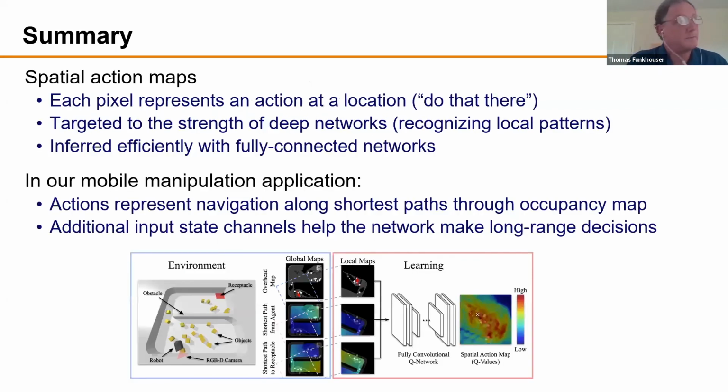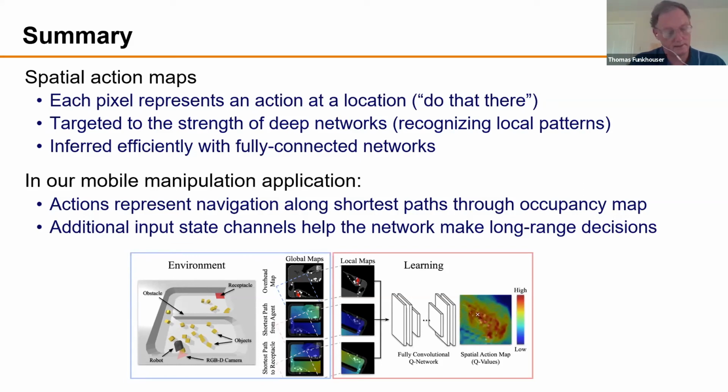Okay, so to summarize, I talked about spatial action maps. The idea is to represent actions not as abstract commands like steering commands or joint angles or torques or voltages or things like that, but to represent the actions that are output by a deep network as a set of pixels that are one-to-one aligned with the state, or whatever the input to the network is.